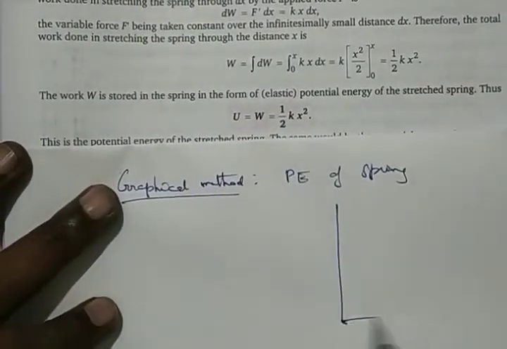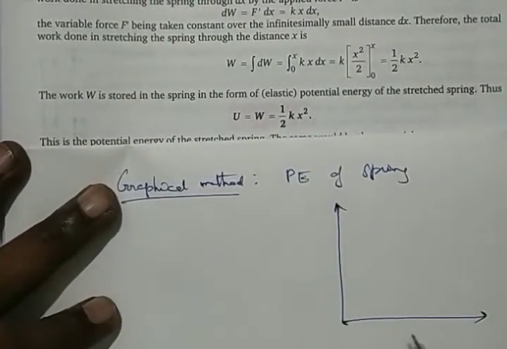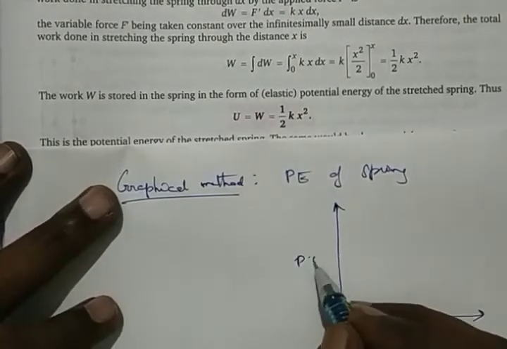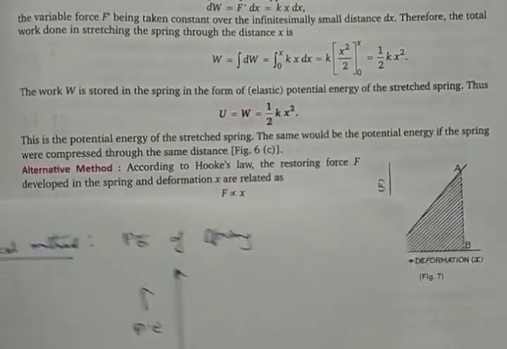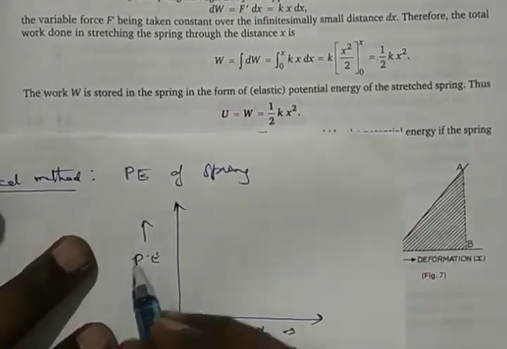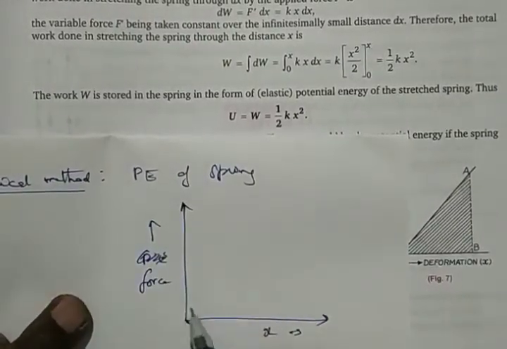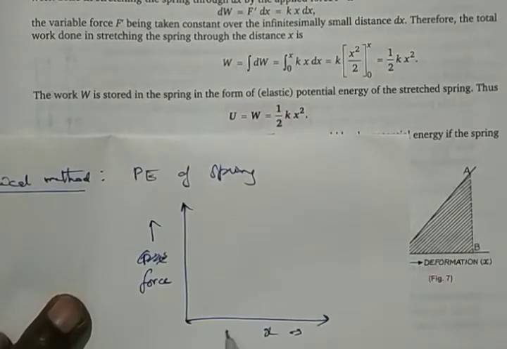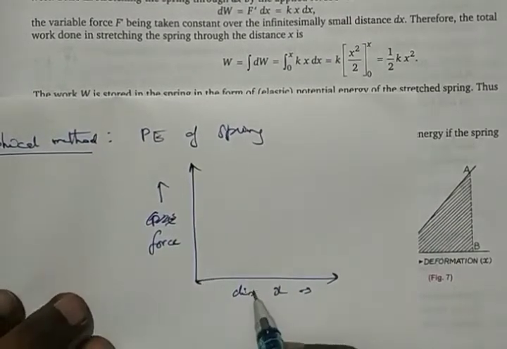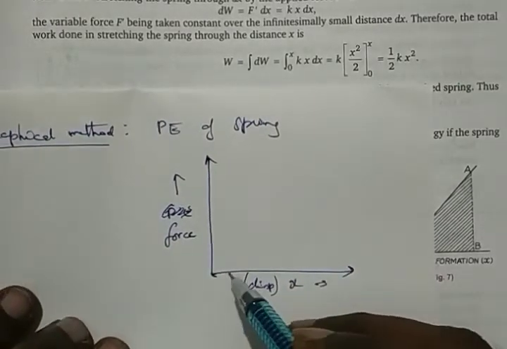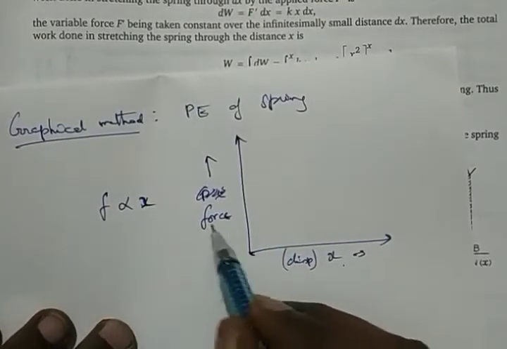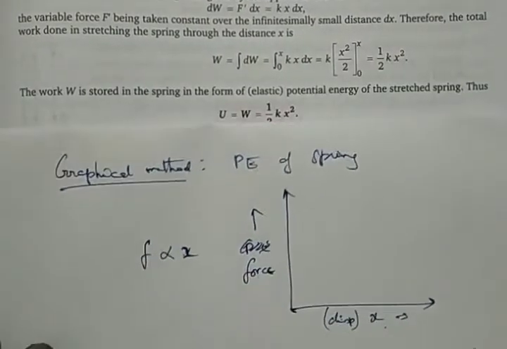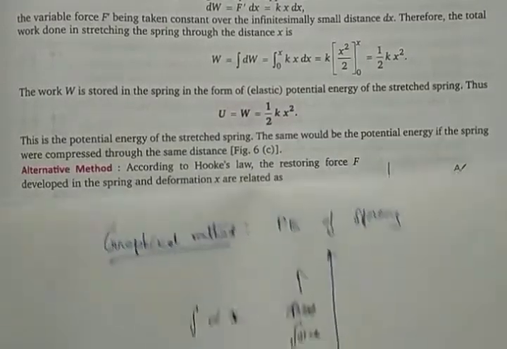So draw a graph with force here and the distance, displacement, here. So what happens, force and displacement are directly proportional. You know this one, force and displacement are directly proportional, external force. This is not the internal force. Internal force is the restoring force. We are talking about external force here.